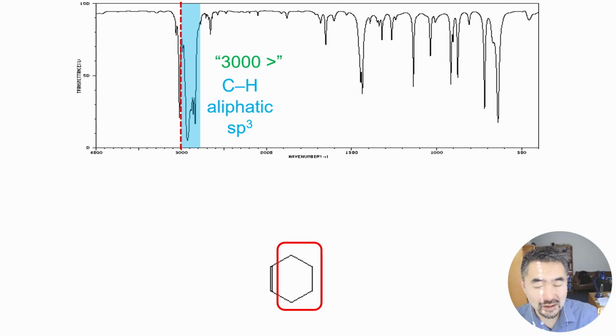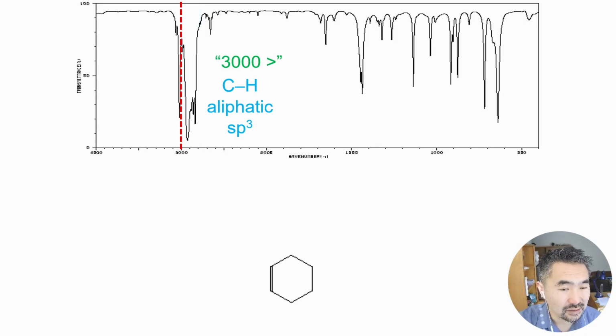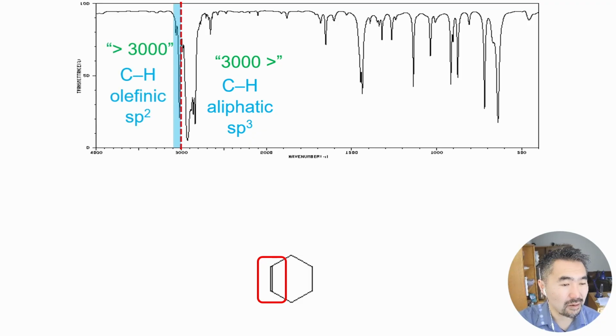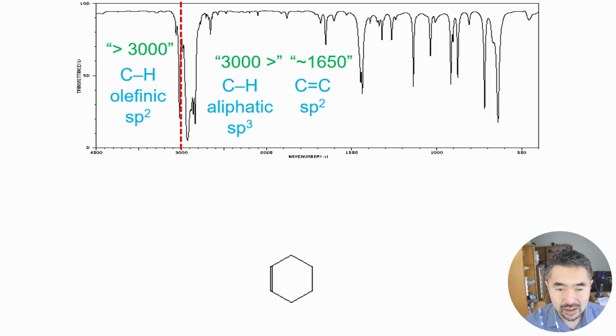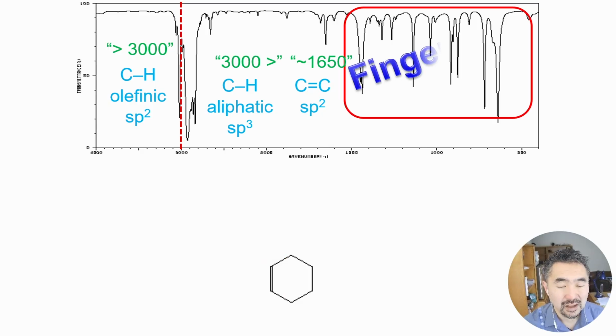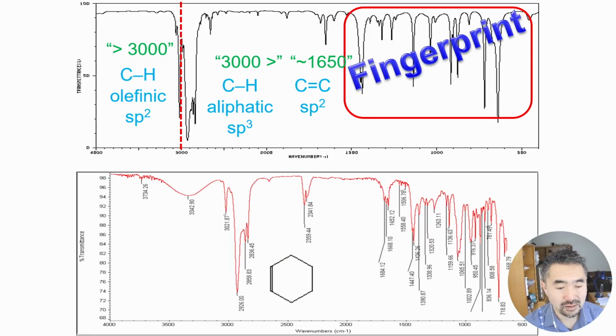Aliphatic is a slightly older word for alkane or alkyl group. So alkane CH or aliphatic CH is less than 3000, and then alkene or olefinic sp2 CH stretches a little higher than 3000. And then we have peaks in the expected area for carbon-carbon double bond, and then of course we're going to ignore the fingerprint area.